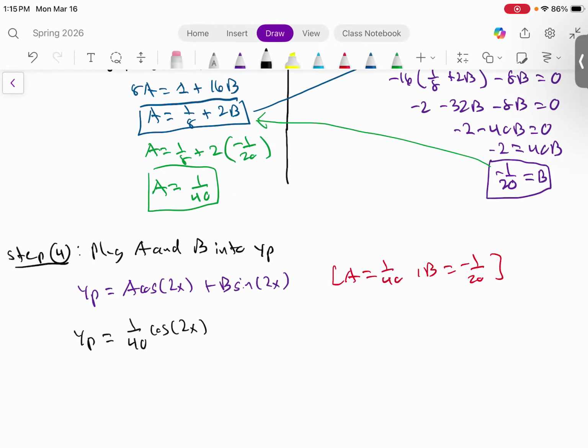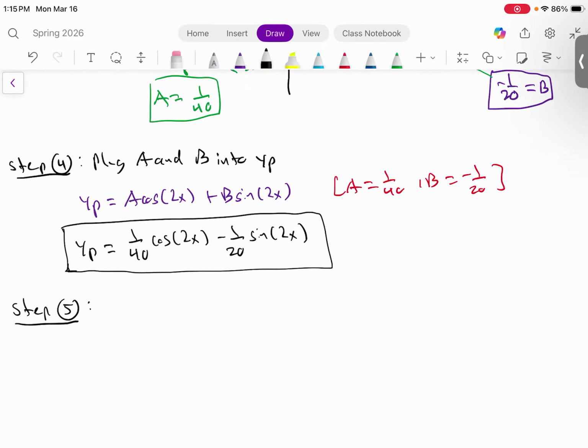And we are almost there. Our last step is to write out our general solution. So remember, our general solution is y equals our complementary plus our particular.